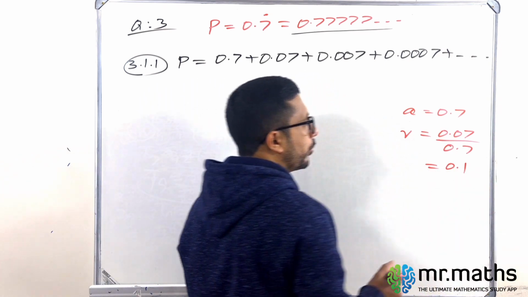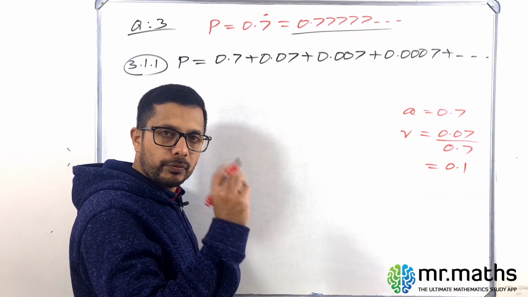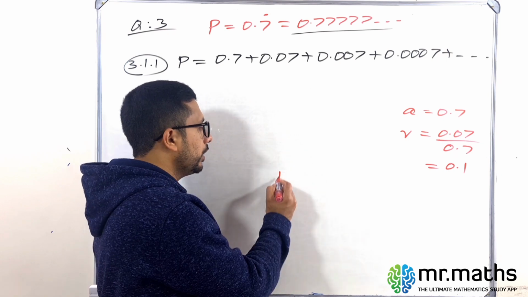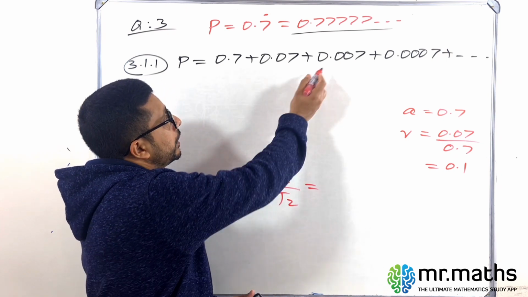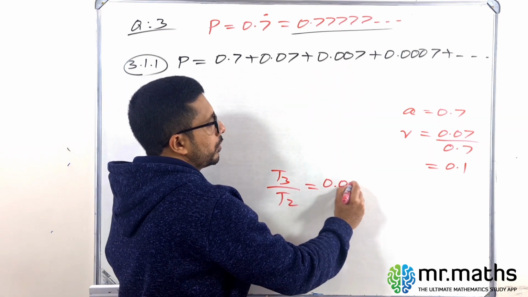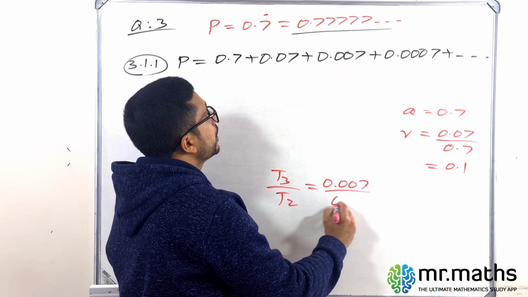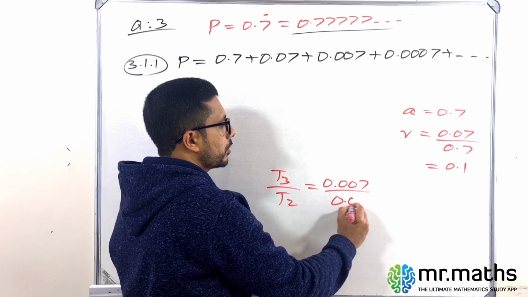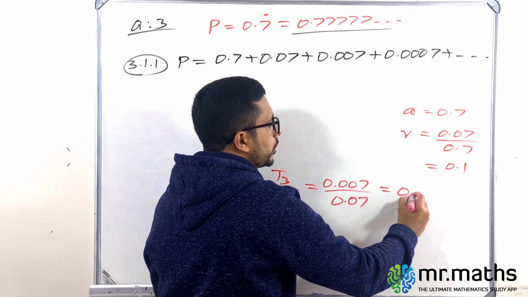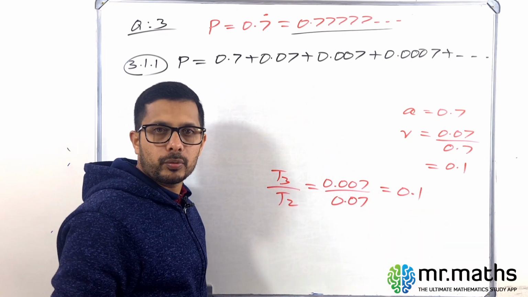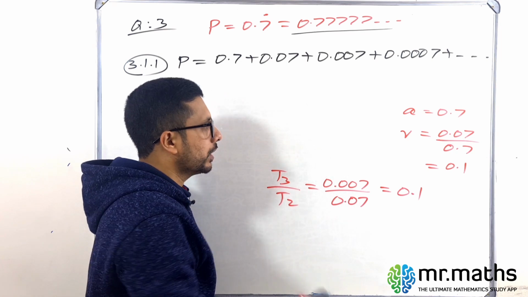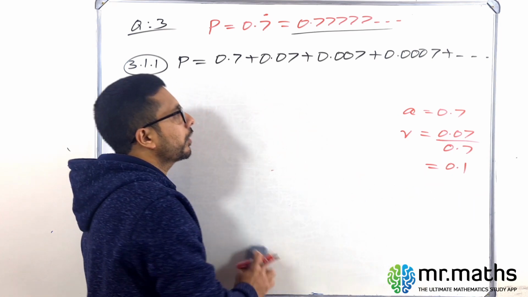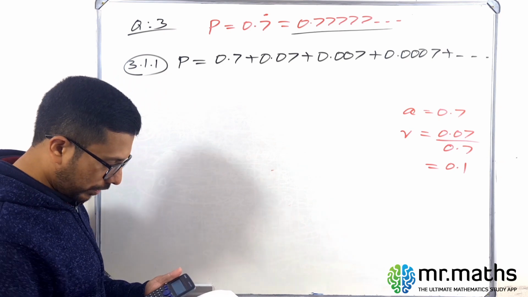So that means second term divided by first term is 0.1. Similarly, the third term divided by the second term: 0.007 divided by 0.07. There also you can check in your calculator. You will get the answer as 0.1. That means we are getting a common ratio. So this one is a geometric series. Now what is our question?